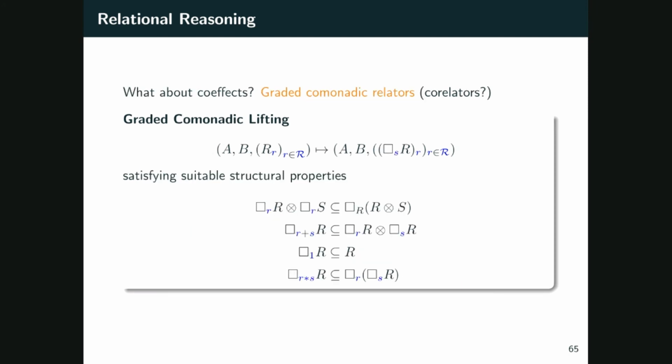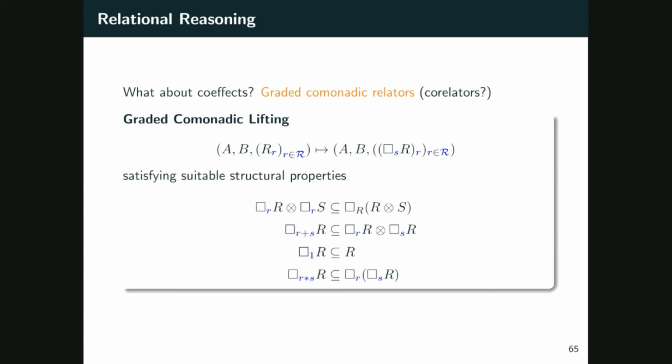The interesting construction is the one for modeling boxed values. And in that case, we may consider something like graded comonadic relators, or correlators. I don't know whether these have a name. They are just maps that take a resource relation, let's say with domain and codomain A and B, and map that to a new resource relation with the same domain and codomain. That's because coeffects are not visible in the operational semantics.